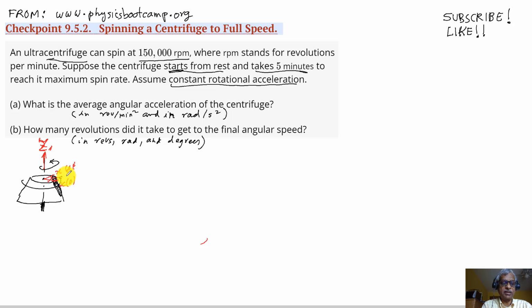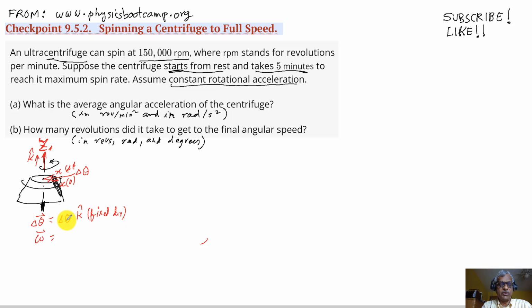This is the angle delta theta that rotates. The angle of rotation delta theta is a vector with magnitude delta theta and direction k hat. So this is a vector representation.